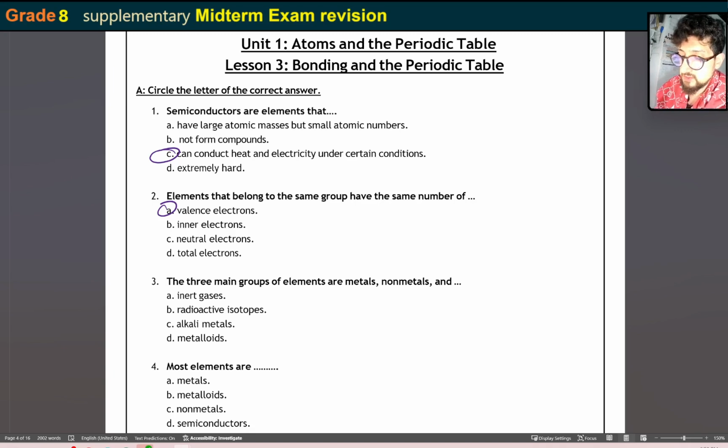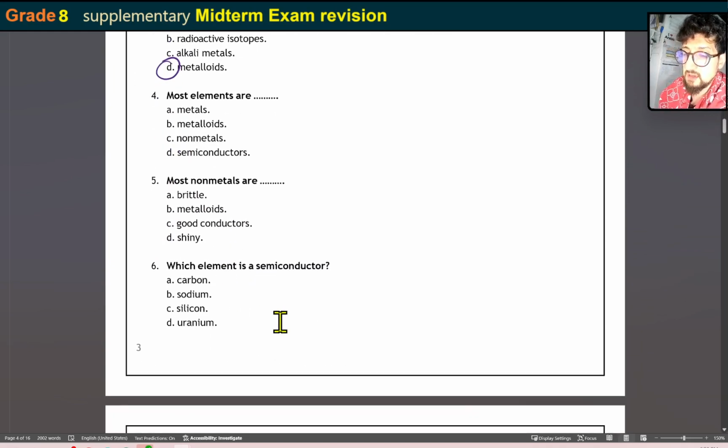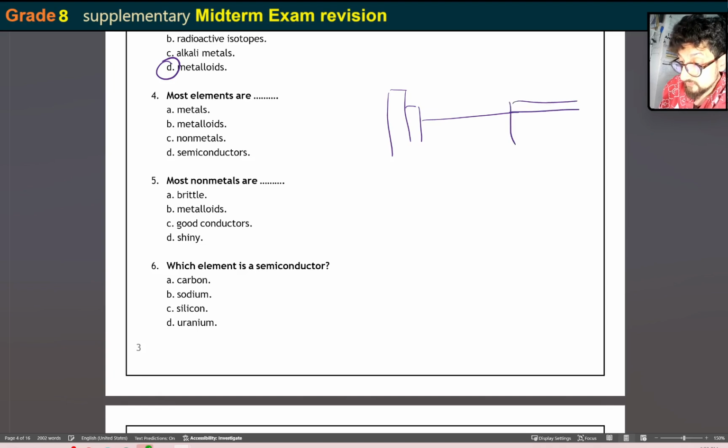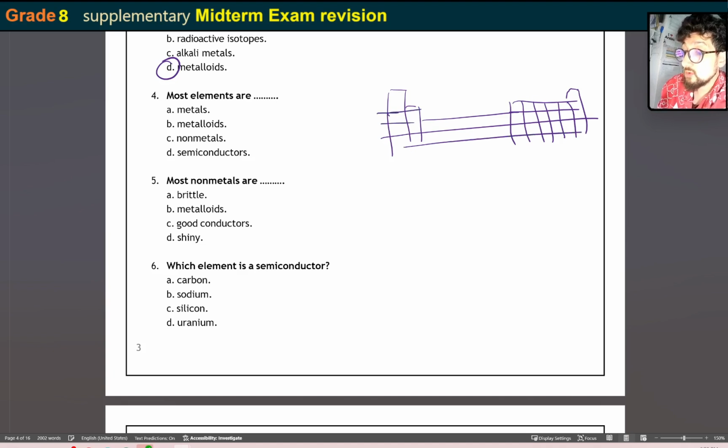Okay, the three main groups of elements are metals, nonmetals, and metalloids. Most elements are... This is an interesting question because most elements in the periodic table are metals. But in reality, in terms of amounts, there are way more non-metals than metals.